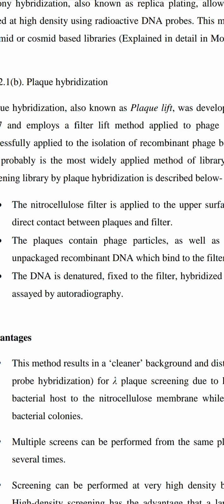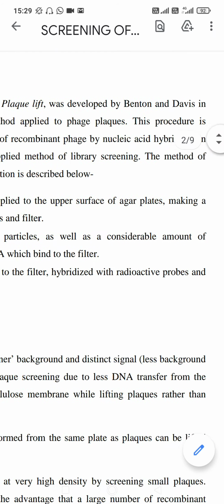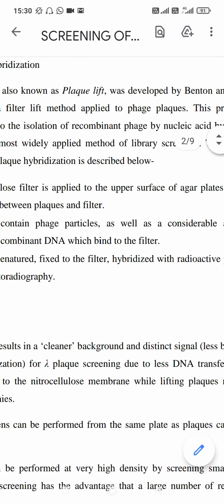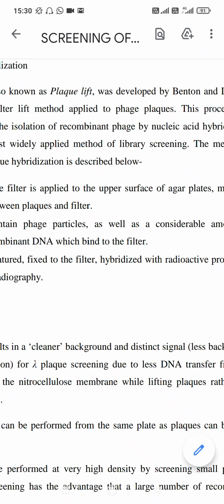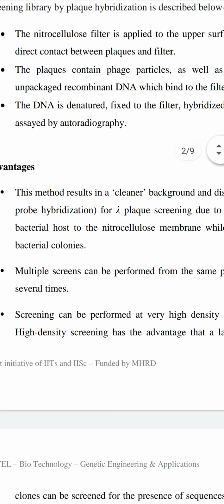The plaques contain phage particles as well as a considerable amount of recombinant DNA, which is allowed to bind to the filter paper. Then the DNA is denatured by suitable alkali treatment, fixed to the filter paper and hybridized with probes. Here we use radioactive probes again, and then the unhybridized probes are washed away, and then they are assayed by autoradiography.